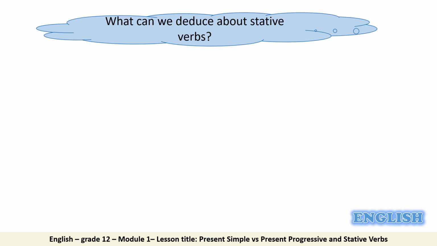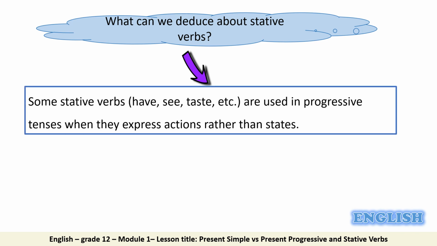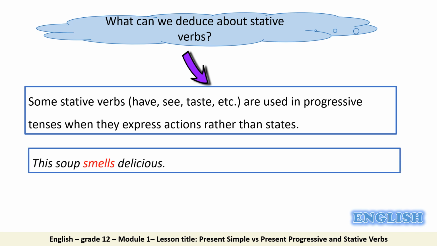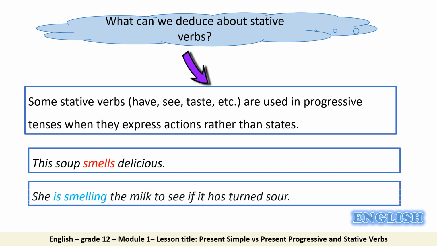What can we deduce about stative verbs? You have certainly come to the conclusion that some stative verbs like have, see, and taste are used in progressive tenses when they express actions rather than states. Let's examine two more examples. "This soup smells delicious." "She is smelling the milk to see if it has turned sour."